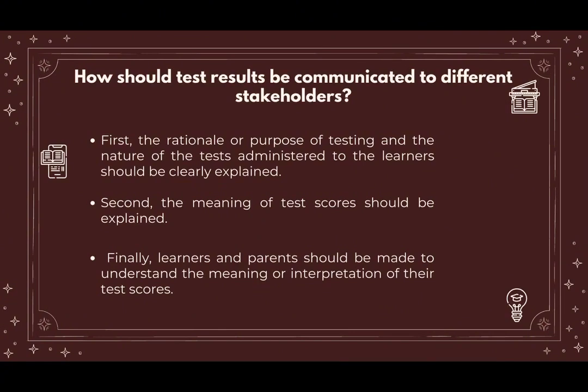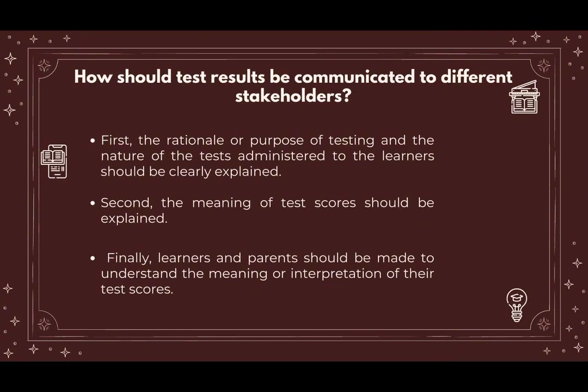Second, the meaning of test scores should be clearly explained. For tests that compare students to others, terms like percentile rank and the standard scores should be explained. For tests based on specific criteria, the standards should be clarified so everyone can understand what the scores mean.